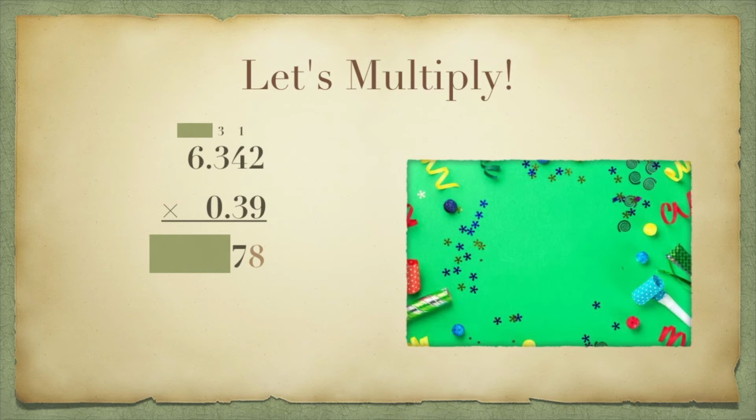So, that's 0, carry 3. 6 times 9, that is 54 plus 3 equals 57. So, put 57, both digits, at the partial product, since there is no more digit before 6.